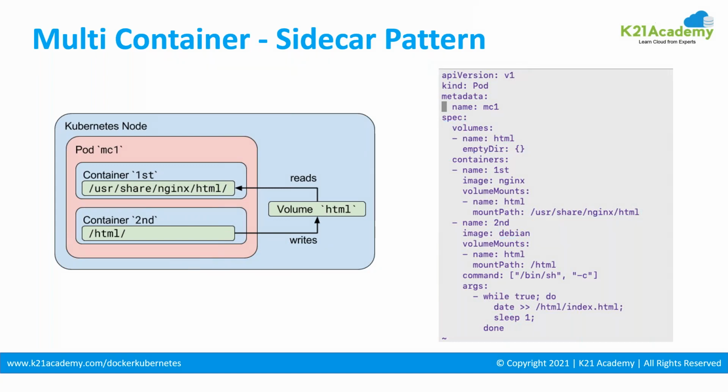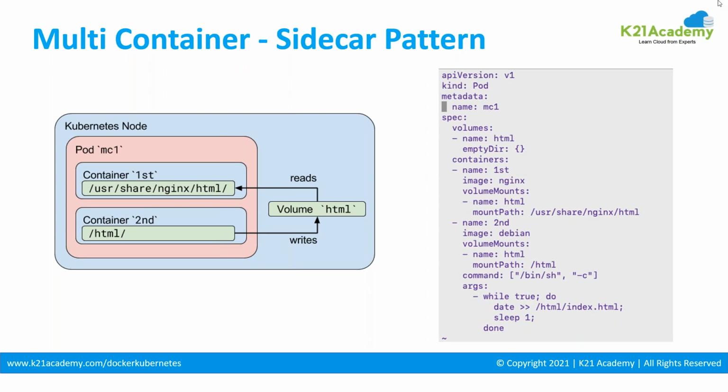Before that, how can I write a multi-container pod? What are the different ways we can do that? We'll see that example as well. In short, a sidecar container is a container which has some responsibility and acts as a supporting actor to your main container.